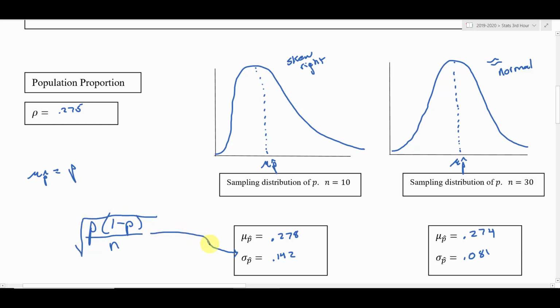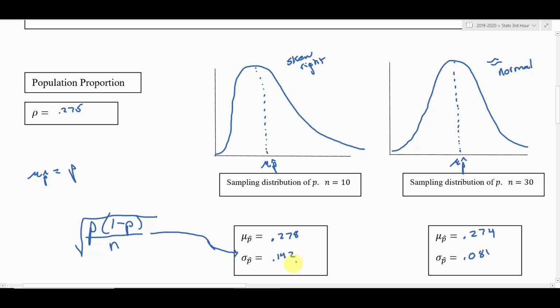Please excuse my poor handwriting here, but this is how we would calculate this standard deviation if we didn't want to run the simulation over and over again like we just did on that website. Sometimes they'll give us information, and really the only thing that we need to know is the population proportion and the sample size. So as long as they give us that information, we can calculate what the sampling distribution standard deviation is going to be.